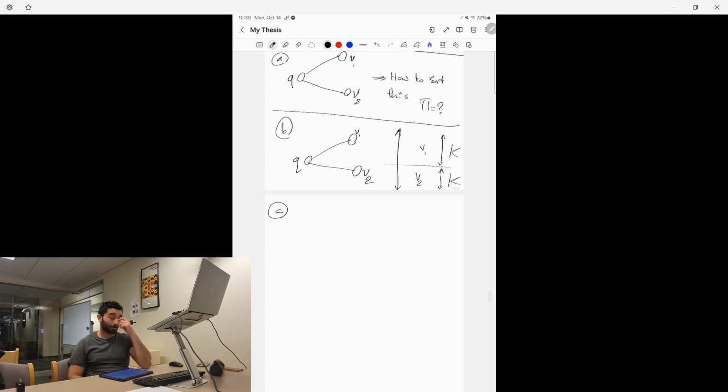I want to connect it to our previous model that we have Q, we have V1, we have V2, and we have arcsort theta V times.